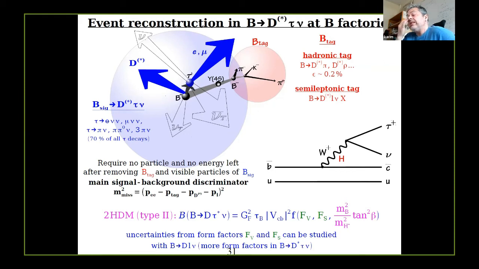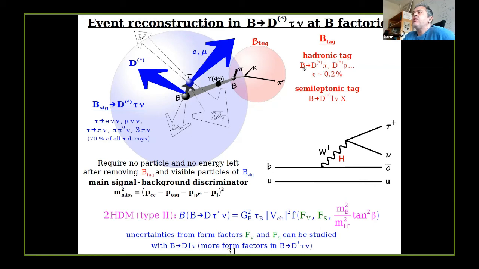And you can do that. First, you can reduce the background by fully reconstructing the other B. That's what we call a B tag. So reconstructing in one of the decays we have used at the beginning, the dominant one, then this is what we will call hadronic tag.